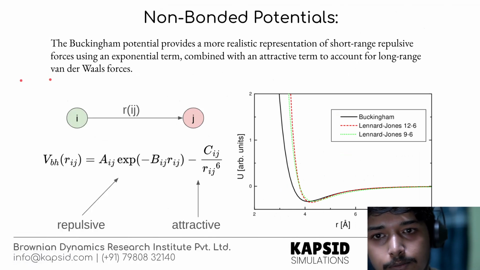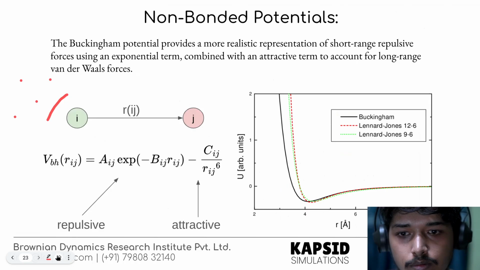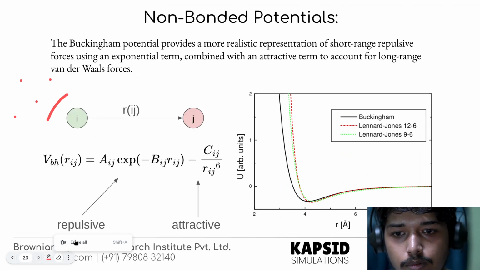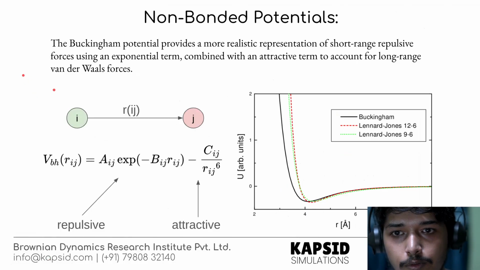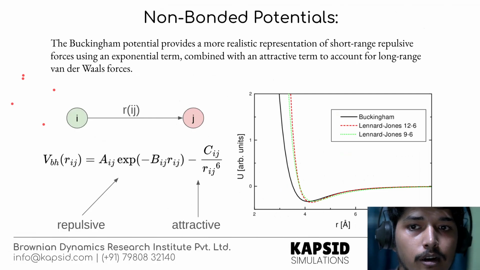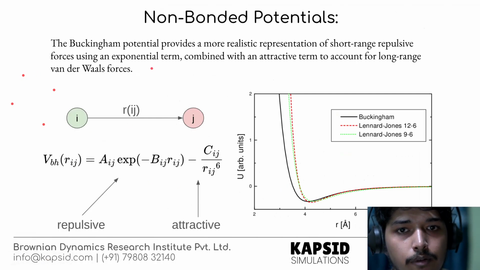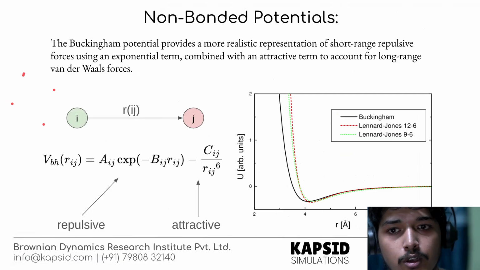Let's say we have four atoms here, right? And we are computing some non-bonded potentials. So what will happen?